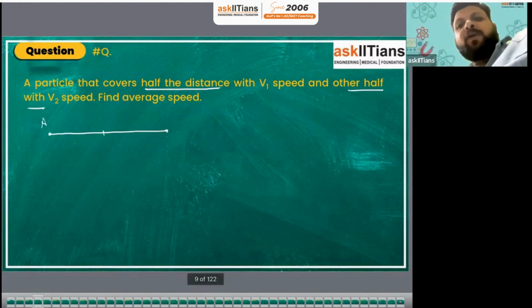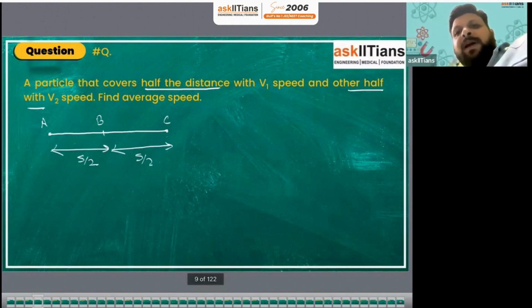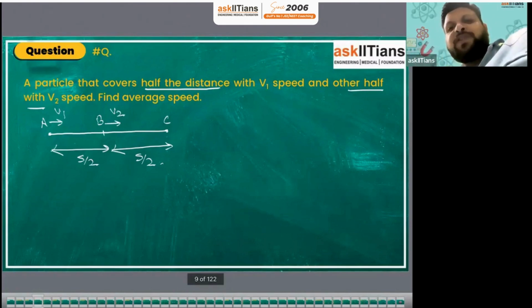So from A to B and then B to C, distance is S by 2, and again distance is S by 2, right? Initially speed is V1 and then speed will become V2. Means speed is not uniform throughout the journey. That means we have to consider the concept of average speed.